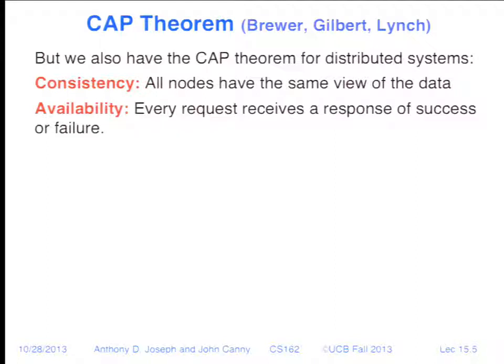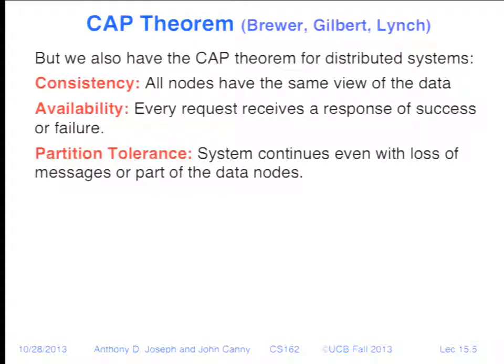Availability is somewhat of a new idea, but it's critical for systems that are being used to serve web content. The idea is that when clients make requests, they should receive some kind of response, even if it's a response saying, I can't complete the transaction right now. And partition tolerance is another kind of fault tolerance or durability constraint that says that the system should continue even if there's a significant loss of storage.